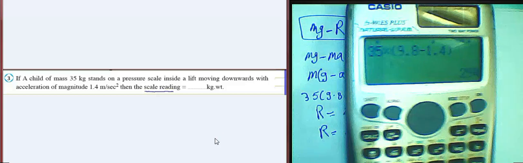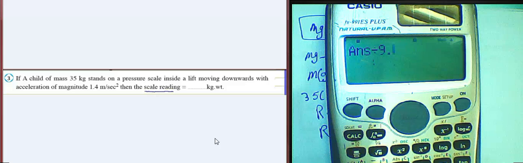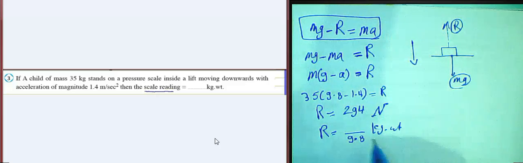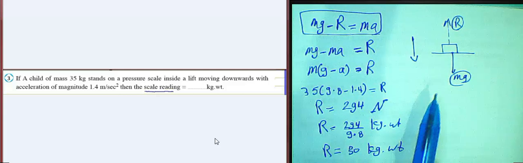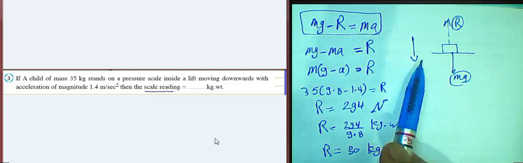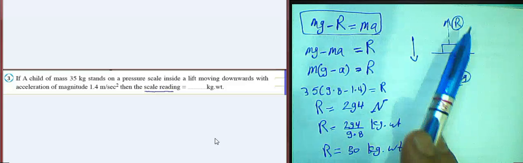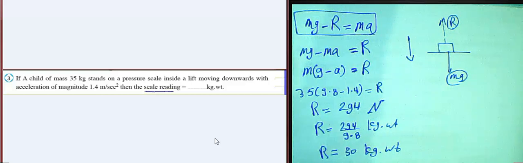You can divide it by 9.8, then the result will be 30. Then the scale reading will be equal 30 kilogram weight. So in this example we must know the direction is down, so mg subtract R equal ma from Newton's rule.